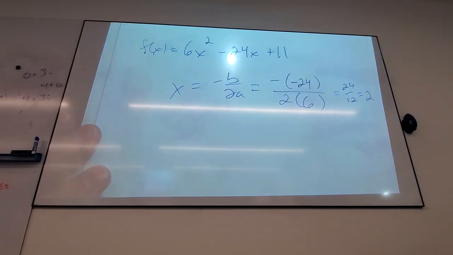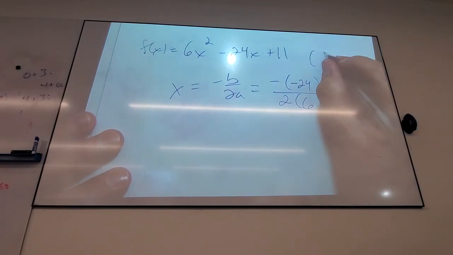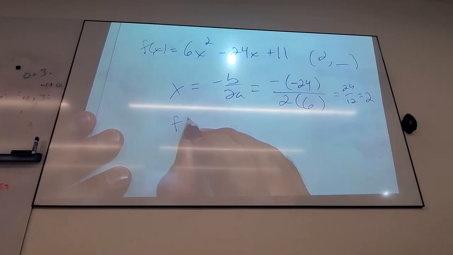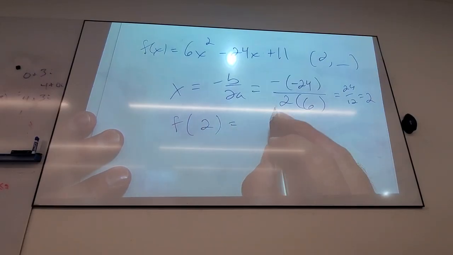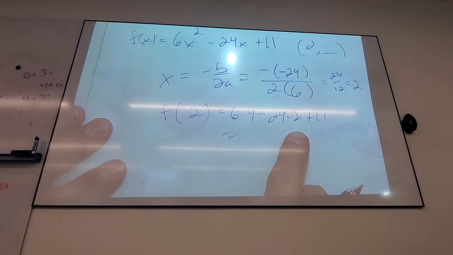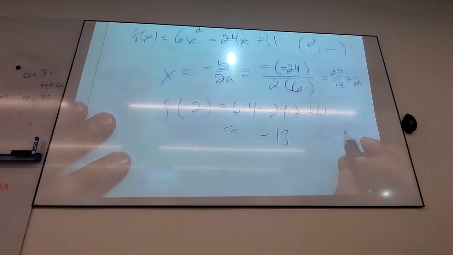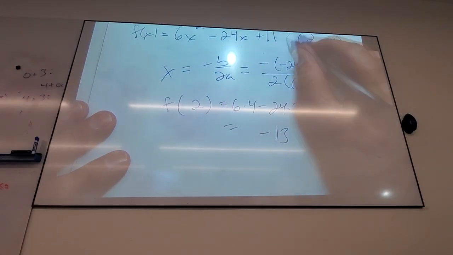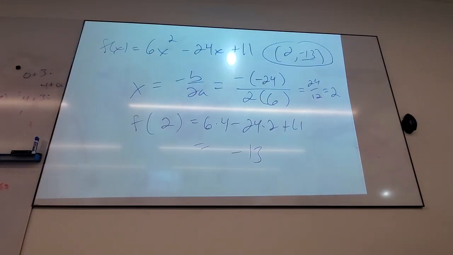That's the x piece of our vertex. How do we get the y piece? 6 times 4 minus 24 times 2 plus 11. 24 minus 48 is negative 24, plus 11 is negative 13. So my vertex is at (2, -13).